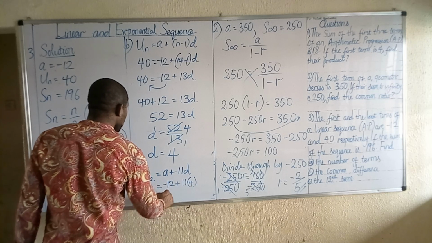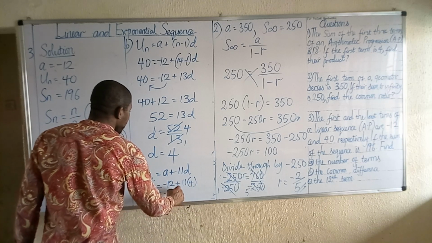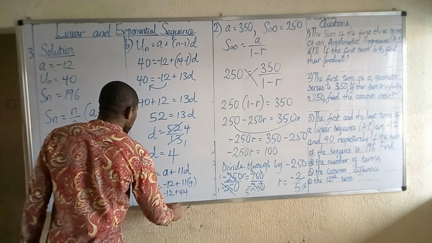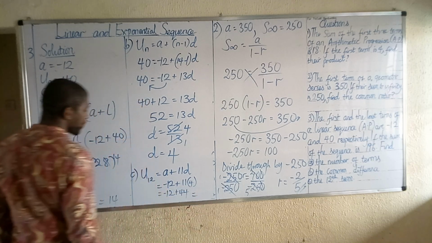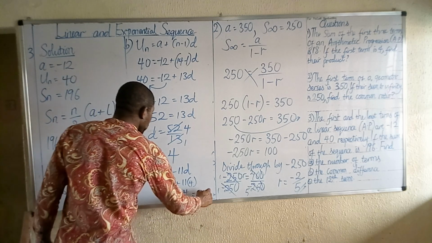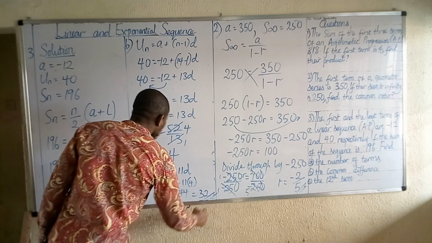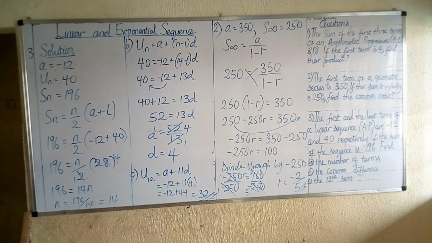So this will give us negative 12 plus 44. And our final answer is 32. So the 12th term is 32.